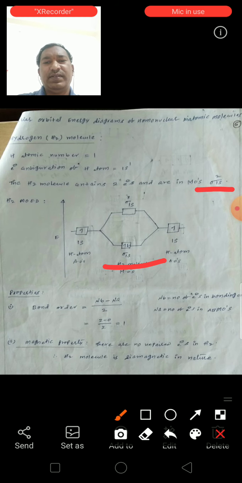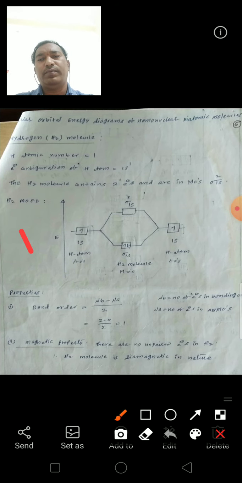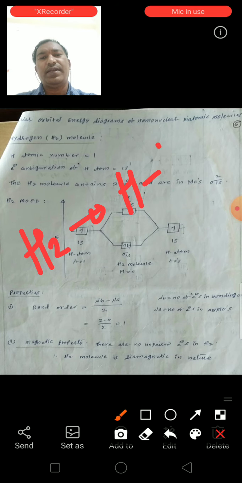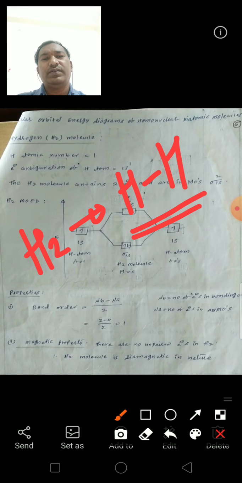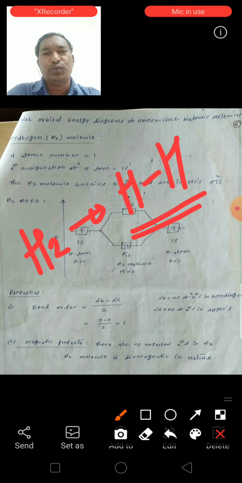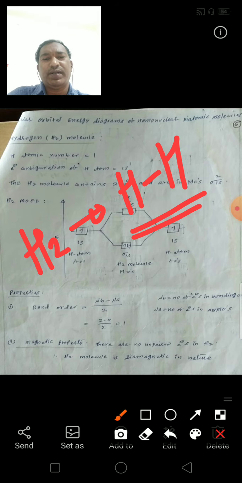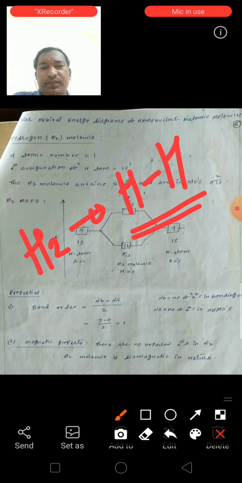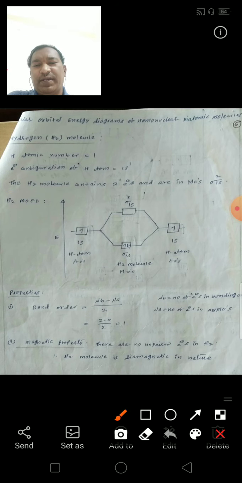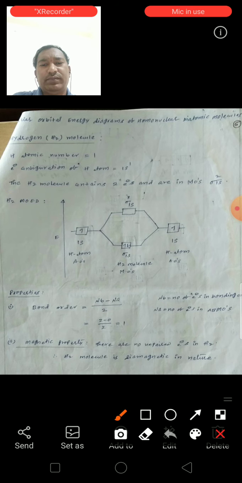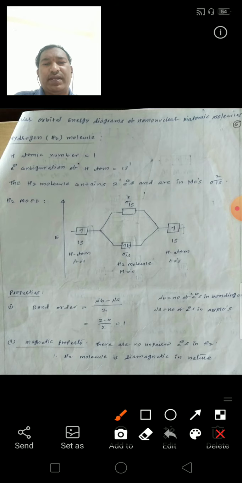That means the hydrogen molecule exists, with the 2 hydrogen atoms bonded by a single bond, so the bond order is 1. Next, magnetic property. There is no unpaired electron in the hydrogen molecule.